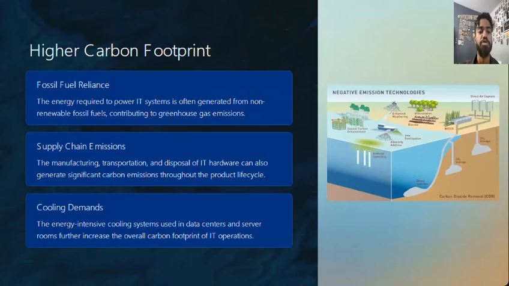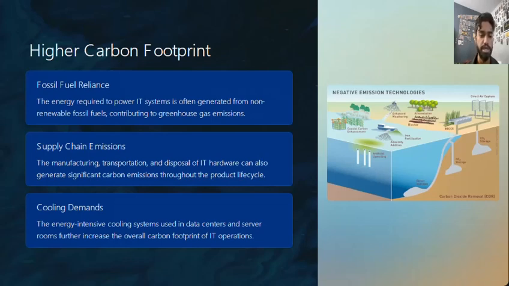Higher carbon footprint: fossil fuel reliance, supply chain emissions, and cooling demands. These are the main reasons for higher carbon footprint. The energy required to power IT systems is often generated from non-renewable fossil fuels, contributing to greenhouse gas emissions.